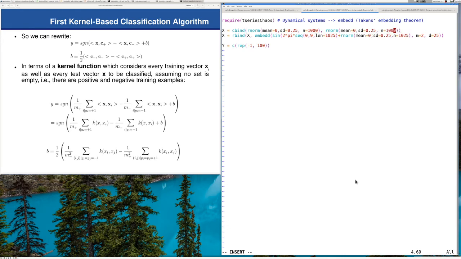So the first 1000 observations will be negative, and the following 1000 will belong to the positive class. You know what's going to happen here? I'm going to plot this. It doesn't matter the magic I did over here. What matters is just the way my data set looks.